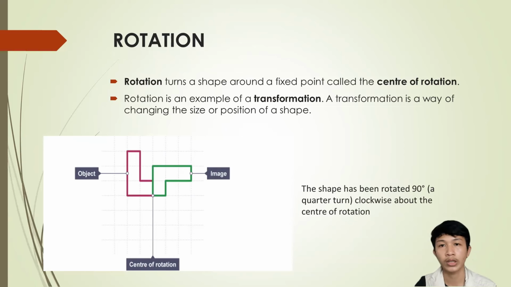As you can see, the object rotates by a given degree, which is 90 degrees. The shape has been rotated 90 degrees, a quarter turn clockwise, about the center of rotation. That's how rotation works.